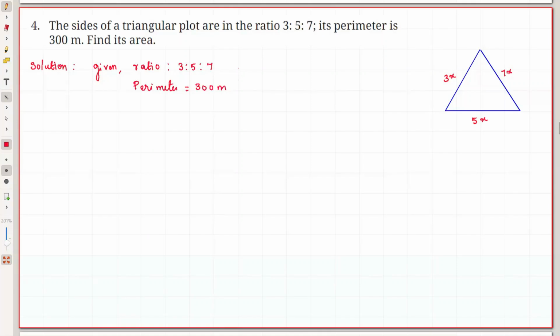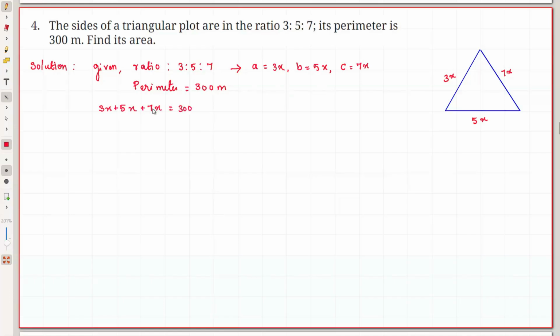Whenever the ratio is given, you will just take it as: let the side A be equal to 3x, B equal to 5x, and the side C equal to 7x. Perimeter means sum of all the sides. If you add all the sides, you have to get 300. So 3x plus 5x plus 7x is equal to 300.